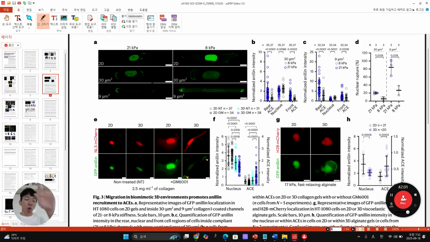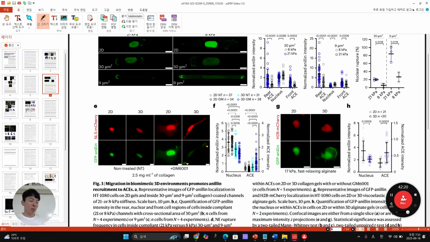And not only these experiments, they can do 2D. 2D means a PDMS substrate and then a chip on top, and then this hole where they're migrating. But they also culture the cell in 3D hydrogel, maybe collagen concentration 2.5 microgram per ml, where collagen fibers mingle with each other very localizedly.